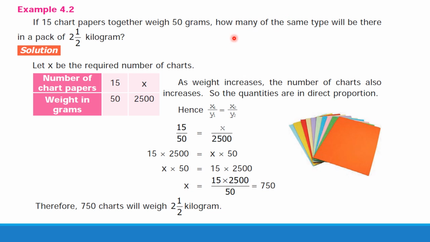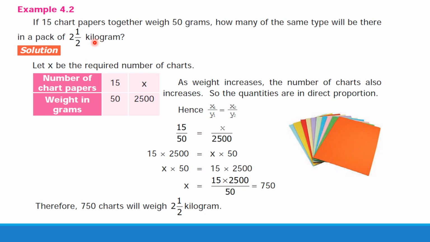Both should be in the same unit, grams. But here kilograms is given. First we convert into grams. 2.5 kilograms is equal to what? 2500 grams. So weight increases compared to this. Weight increases, number of charts also increases.